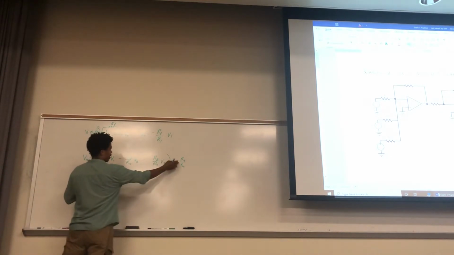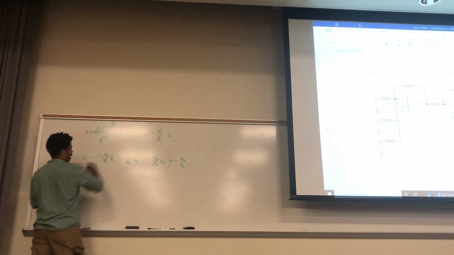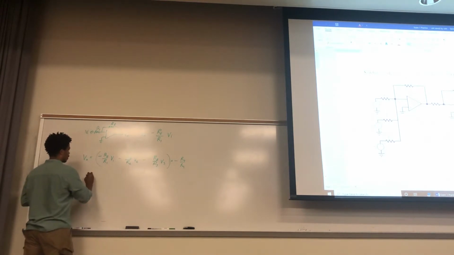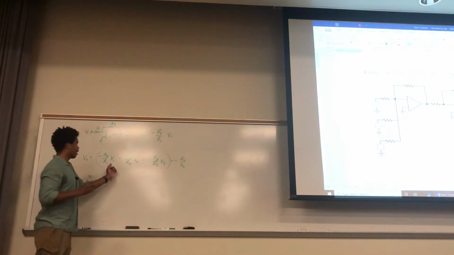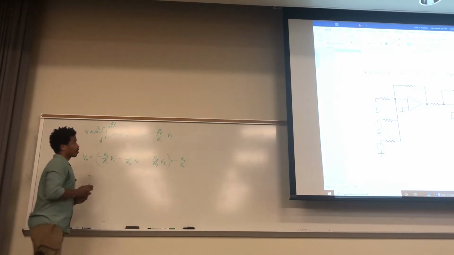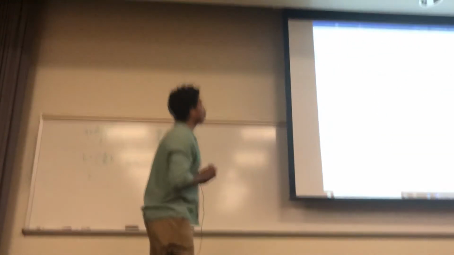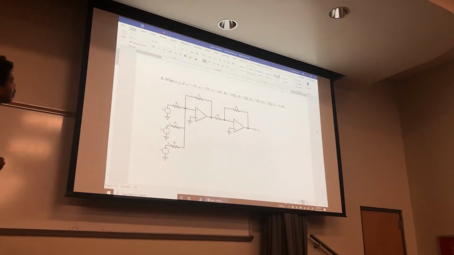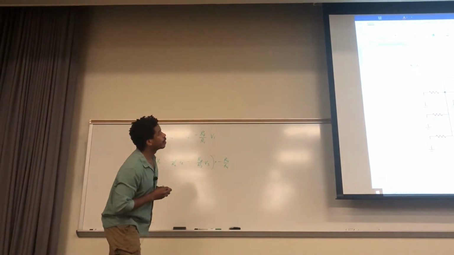So really this -1 is going to make all these positive, so you're really adding everything. So all we have to do is figure out what the ratios are and then plug in our voltages. So if RF is always 2, right? So what was R1?